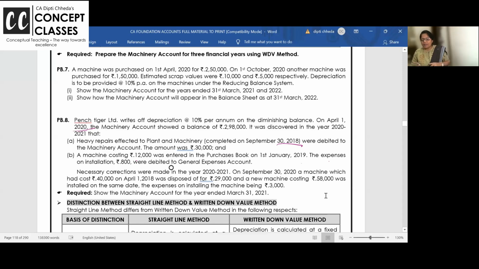Now we'll go back and do the 7th problem. I had given you homework, the 7th problem. You have done it, check it once. I'm checking the answer now.